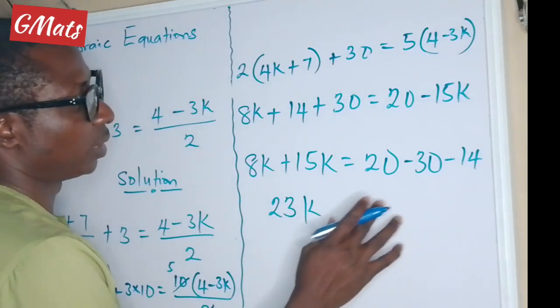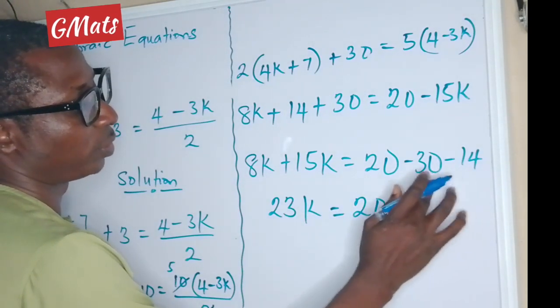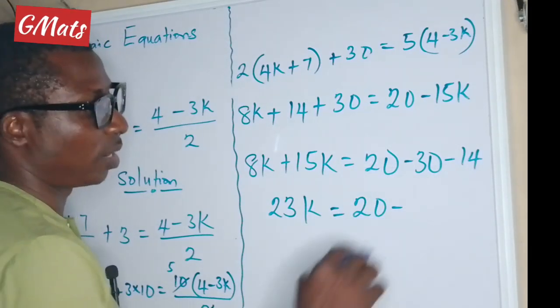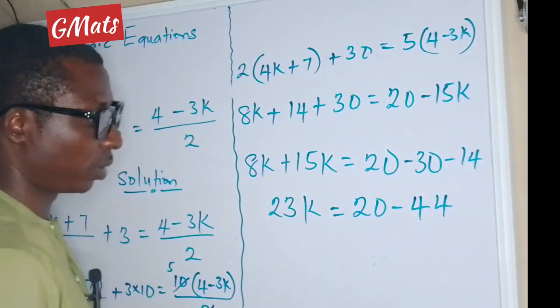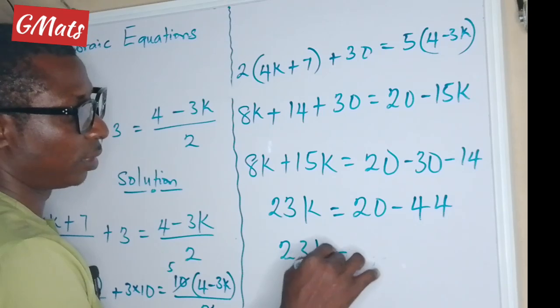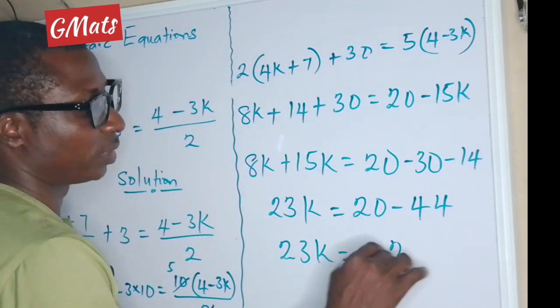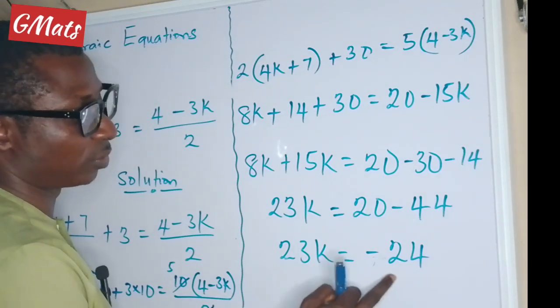All right, so now this will give you 20 minus, when you join this and this together, you have minus 44. Okay, so we have 23k gives you 20 minus 44, that gives you minus 24.